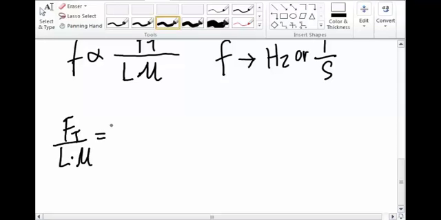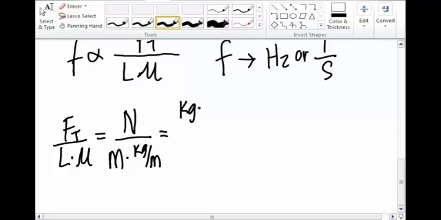So what is tension measured in? Newtons. Okay. And what is length measured in? Meters. Okay. What about mass per unit length? Kilograms per meter. Good. But what is a Newton? Yeah, a kilogram meter per second squared, all over meters times kilogram per meter.